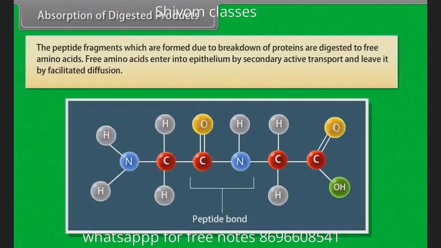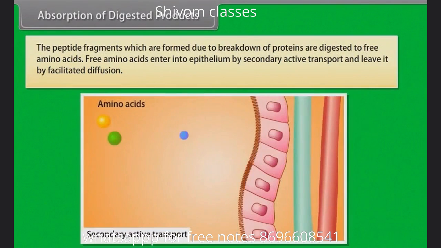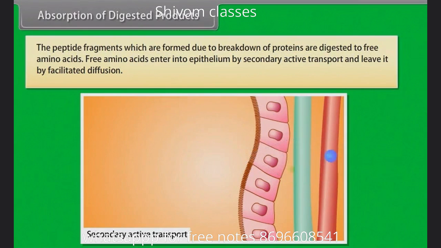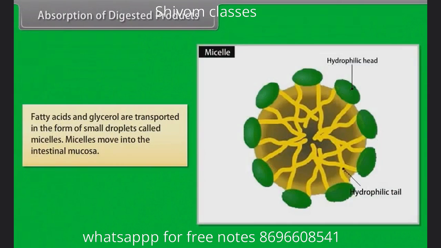Through an osmotic gradient, water is transported. The peptide fragments which are formed due to the breakdown of proteins are digested to free amino acids. Free amino acids enter the epithelium by secondary active transport and leave it by facilitated diffusion. Fatty acids and glycerol are transported in the form of small droplets called micelles.